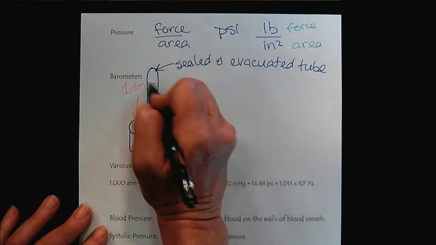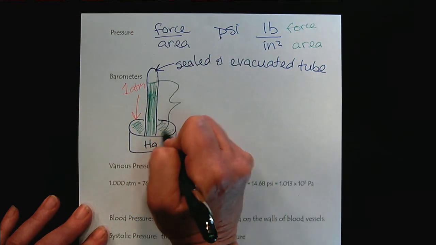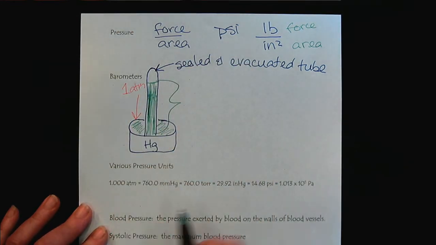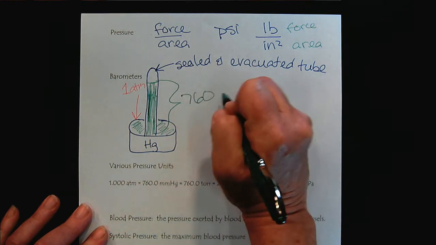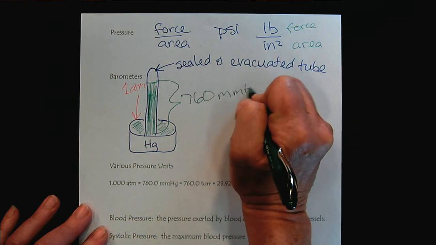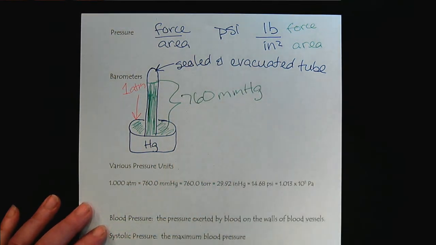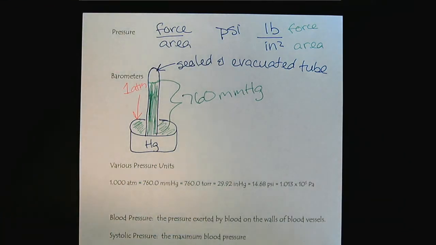And so then if we measure this column of mercury, we will see that it measures 760 millimeters.